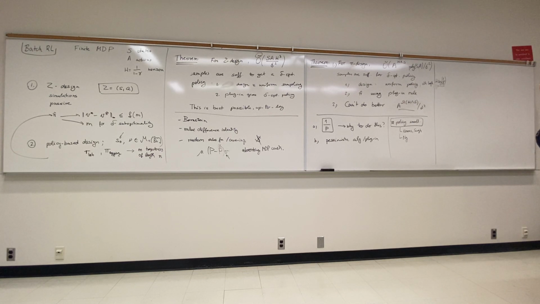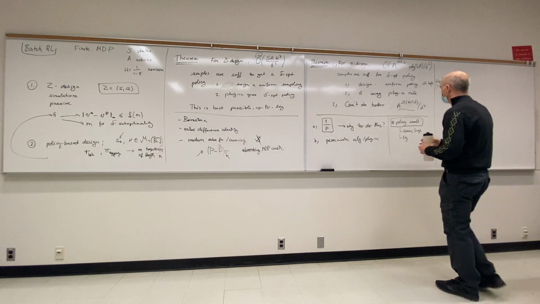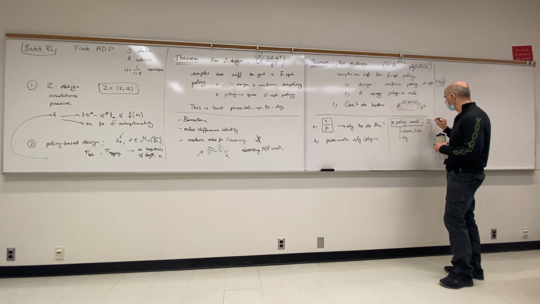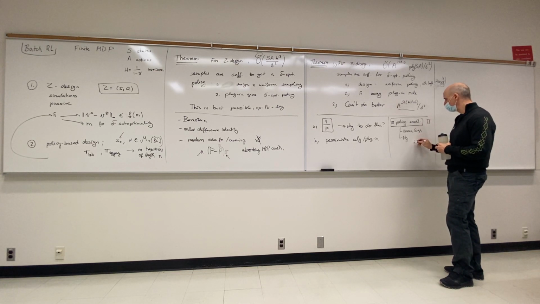How does this relate to your topic? Oh, just the number of policies being small. Yeah, so I buy that. Maybe you choose a policy space, and then you're hoping, because the number of policies is still like A to the HS, that a sample complexity of this size would be enough.